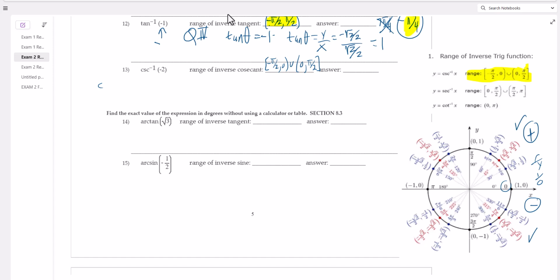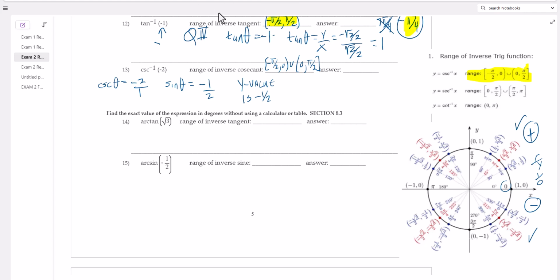So the meaning of this problem is cosecant theta equals negative 2, and I'm going to put that over 1. Well, the sine is the reciprocal of the cosecant, so you could change this to this. Now your answer has to be in this interval, but now all we got to do is look at where the y value, since that's what a sine is, where is the y value negative 1/2?